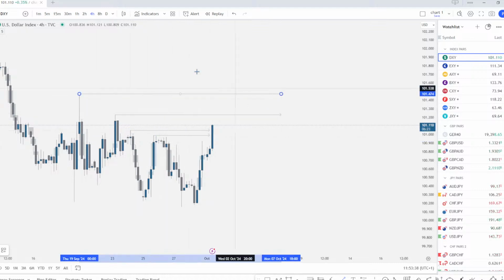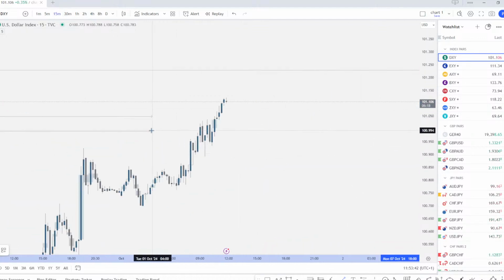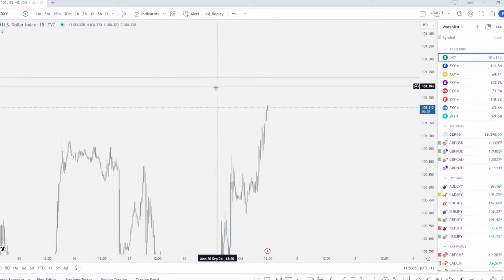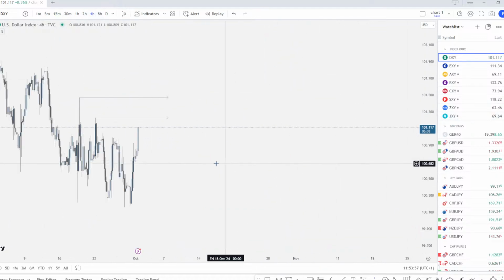And here. So down to the 15. No institutional involvement up to that. Institutional involvement, but no break below. So I would look for this high, because I reckon what we might see is something like this.